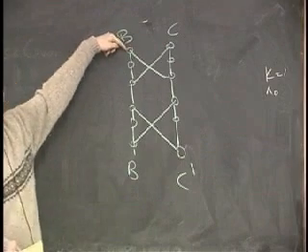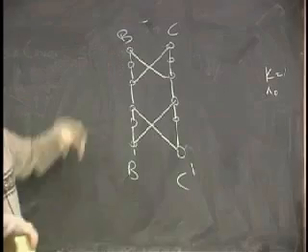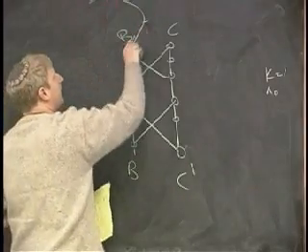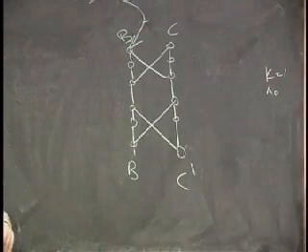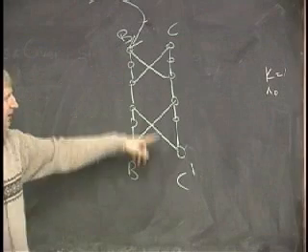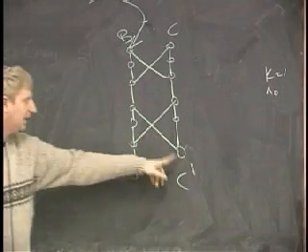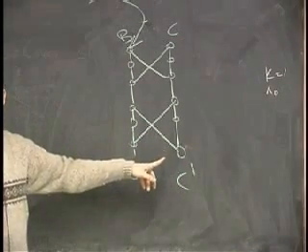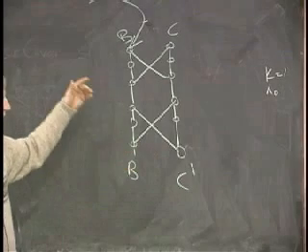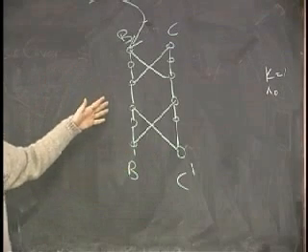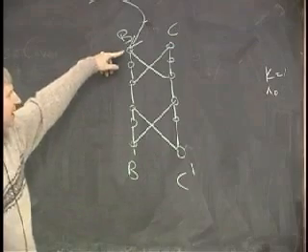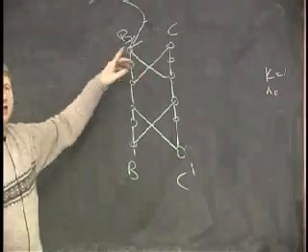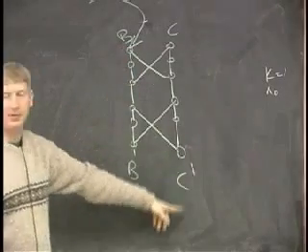Say you come in this side. If I come in this side, convince me that when I end up coming out the bottom, I can't come out on this side. You have to really think about this. This was constructed just for this purpose. It was constructed just so that if you came in on this side, you're never going to get a Hamiltonian circuit if you end up coming out on this side.